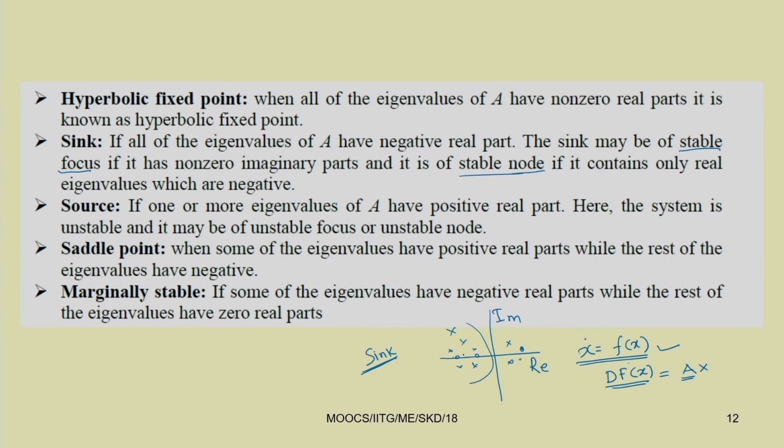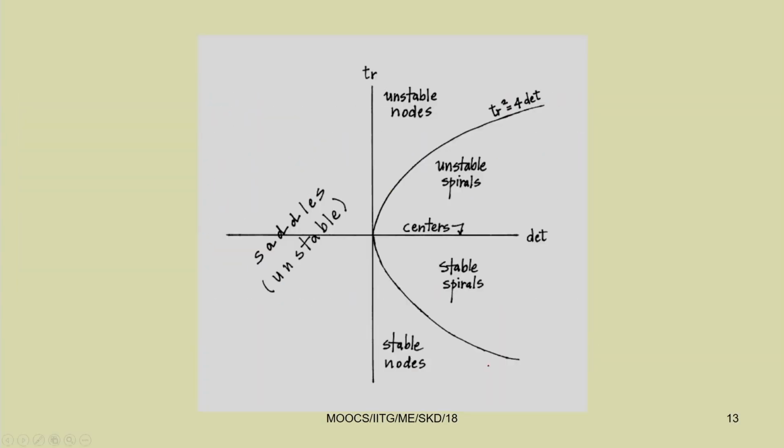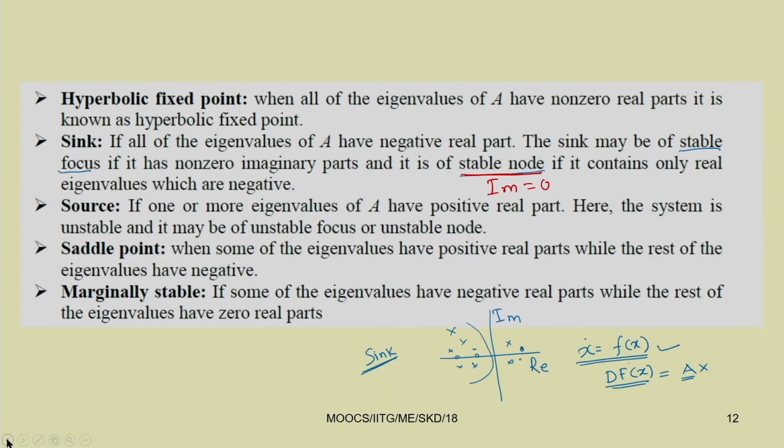If the imaginary part is there, then we can have a stable focus. Here it will spiral down to get the response. We have already plotted those things and we will see it again.